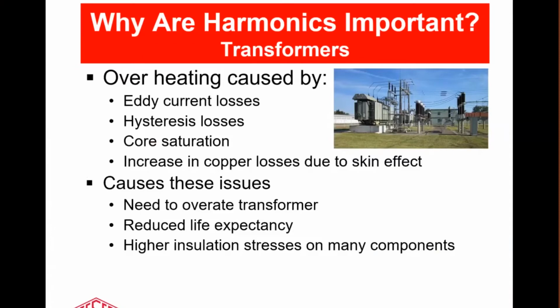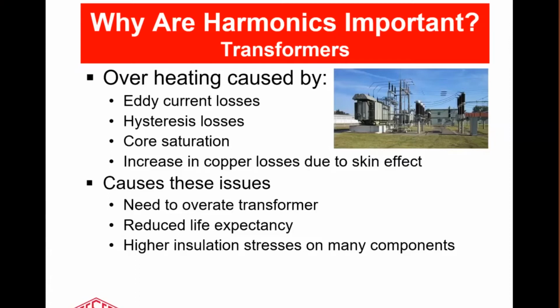Because of this, if a circuit has harmonics, it's going to have higher VA than its kilowatt ability to deliver energy that the customer is going to pay for. And this is going to mean that we have to overrate the transformer in order to supply the customer's load.